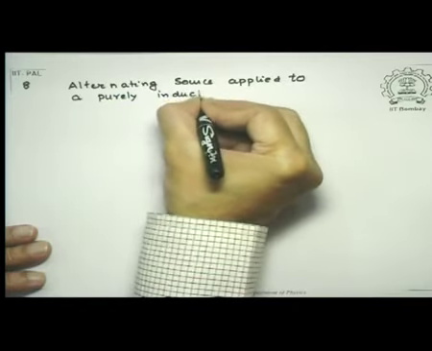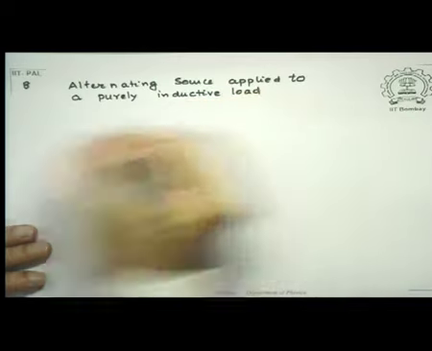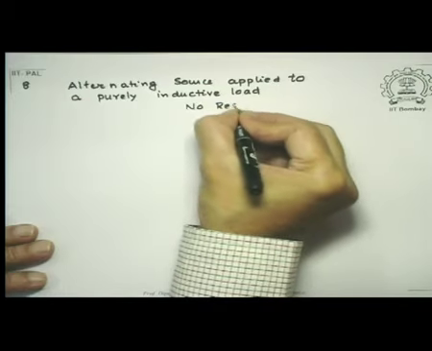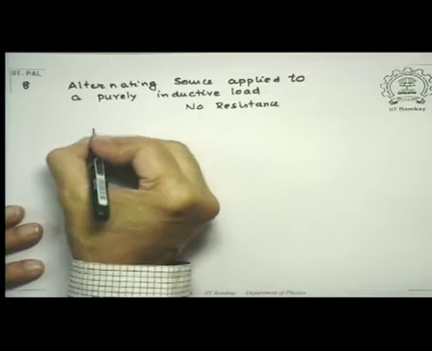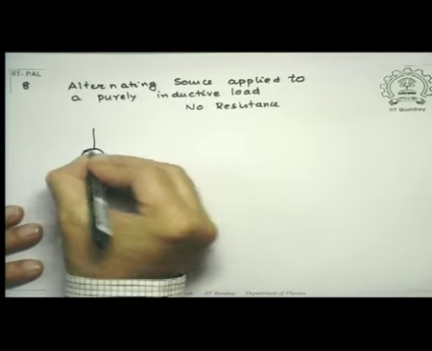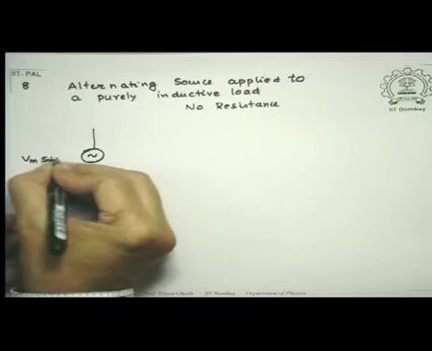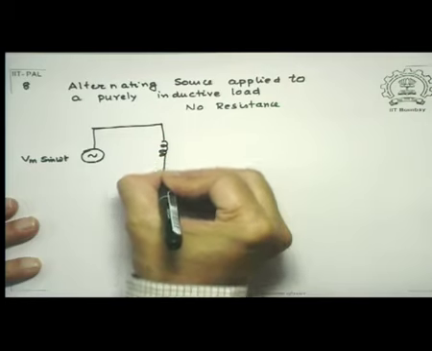What it means is that the circuit does not have any resistance, and the only thing that is there in that circuit other than your AC source, which we will take to be Vm sin omega t, is an inductance.